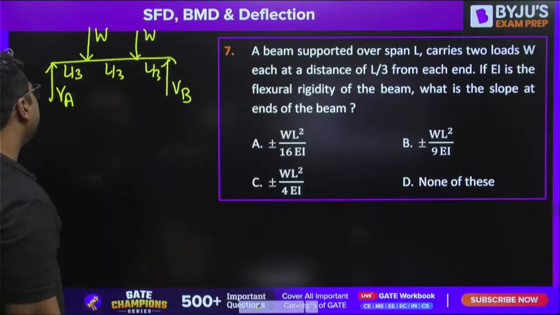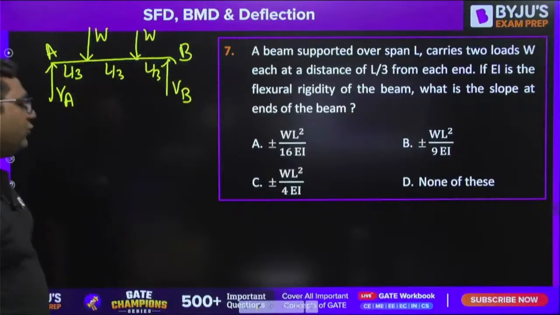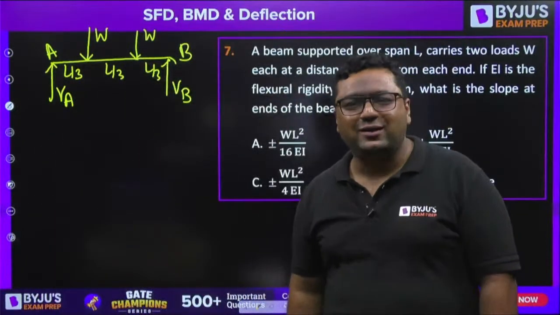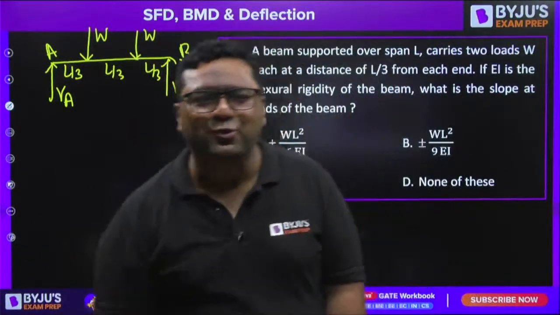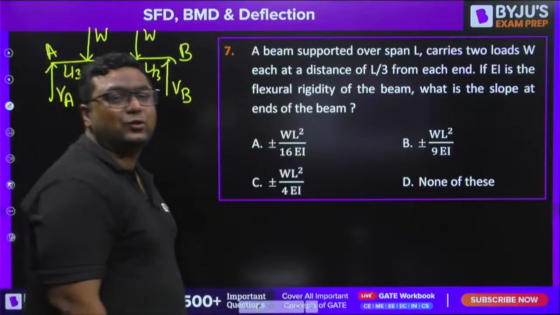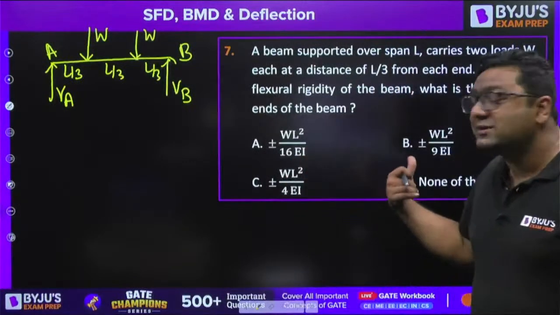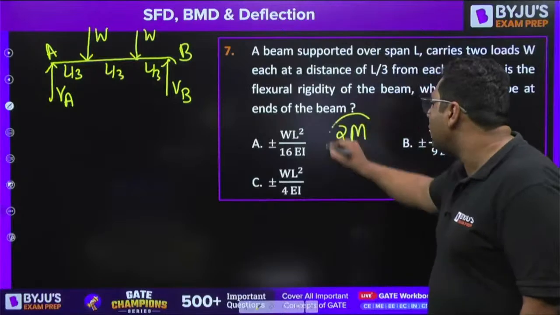They are asking the slope at A and B. You can very easily find out slope at A and B if you apply which method? Moment area method. Yes, make the BMD. It is a very easy question, I will say that. And this type of question comes in the GATE examination. They are 2 marks questions now.